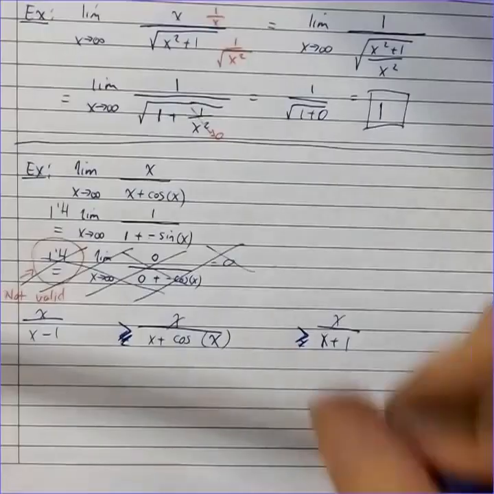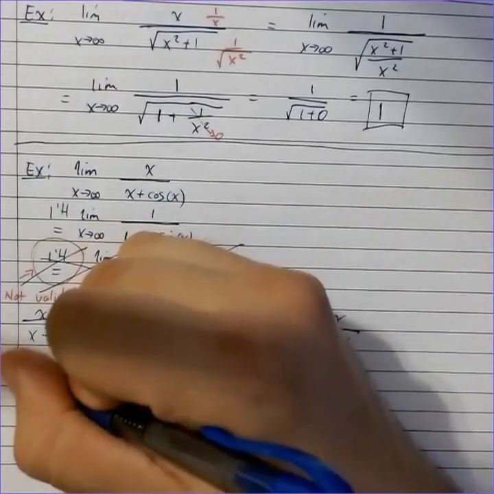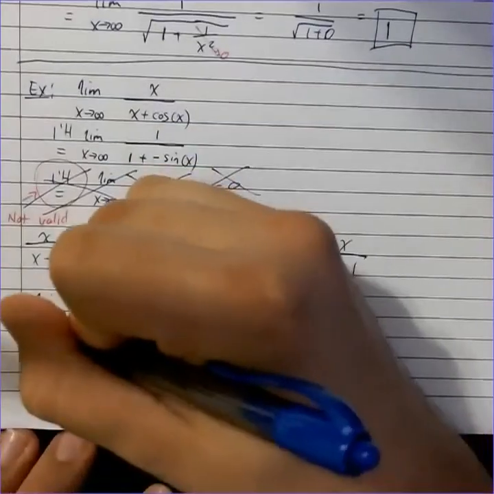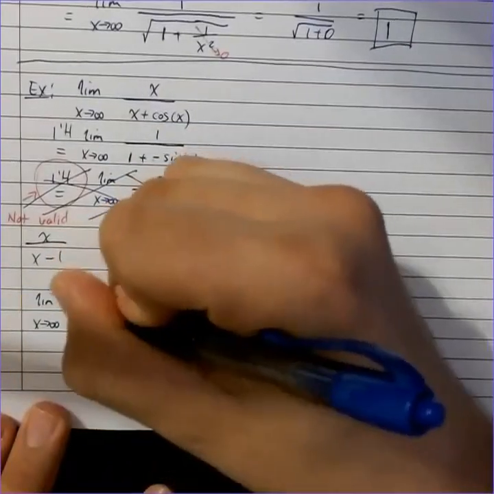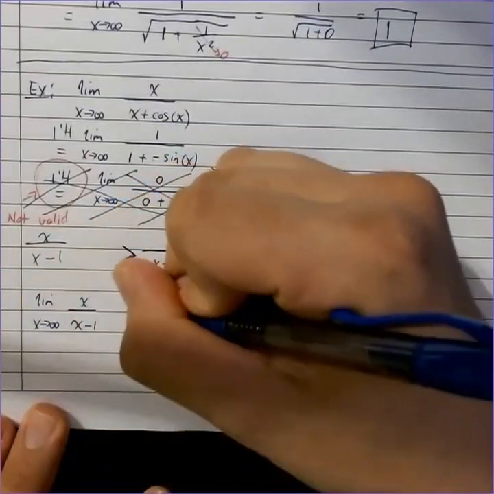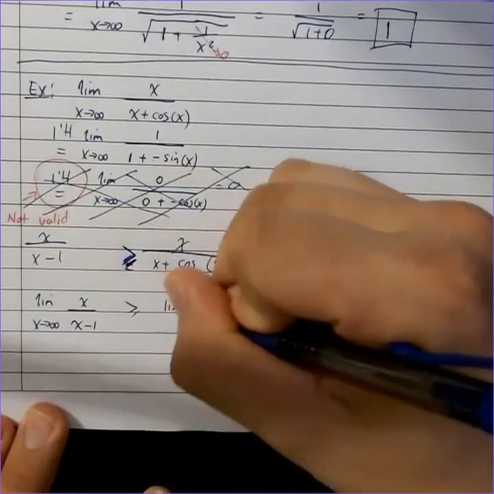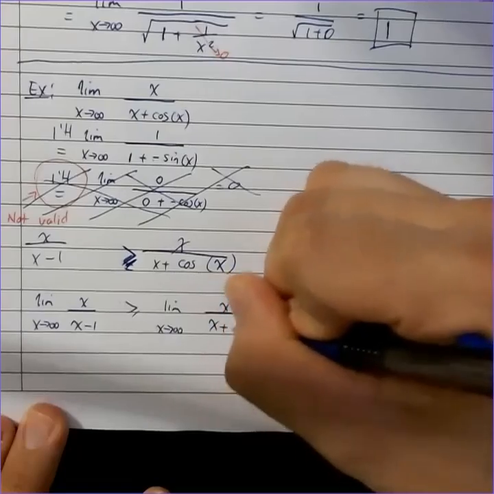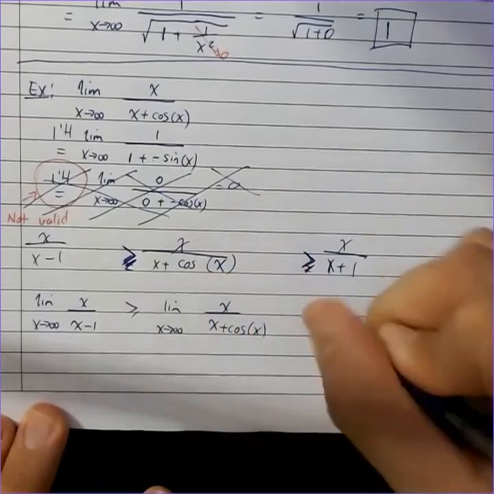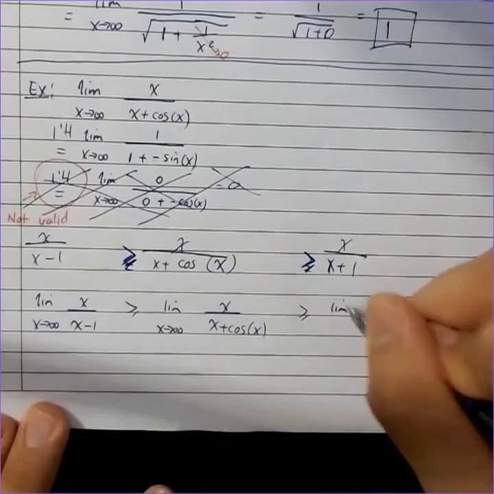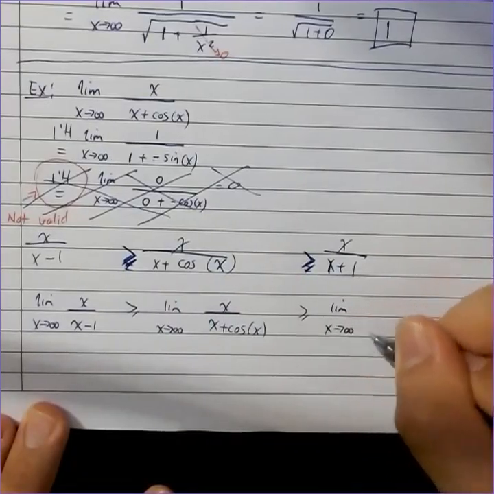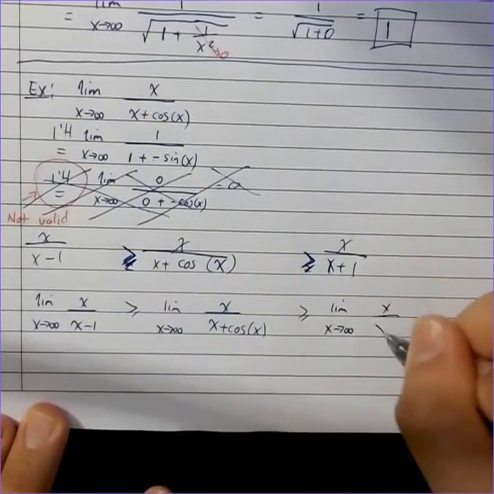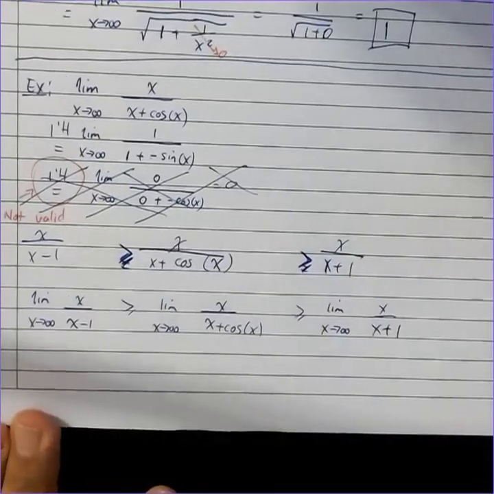So now let me take the limit as x approaches infinity of all of these. If I take the limit as x approaches infinity of x over x minus 1, that's going to bound the limit as x approaches infinity of x over x plus the cosine of x, which is going to be bound on the other side by the limit as x approaches infinity of x over x plus 1.